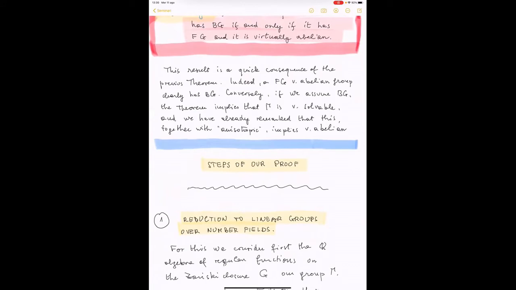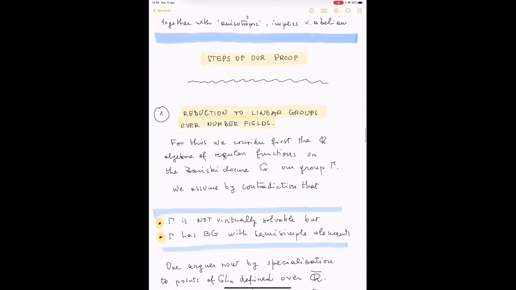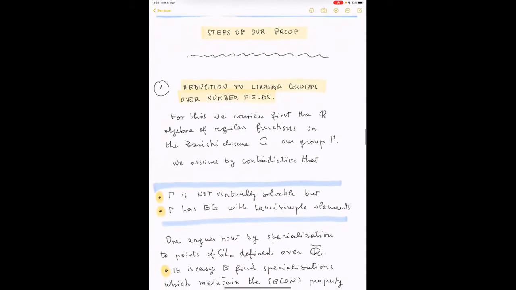Okay, so in the remaining 10 minutes, I briefly resume the steps of our proof. A first step is to reduce to linear groups over number fields. So we let, for later use, G be the Zariski closure of our group gamma.